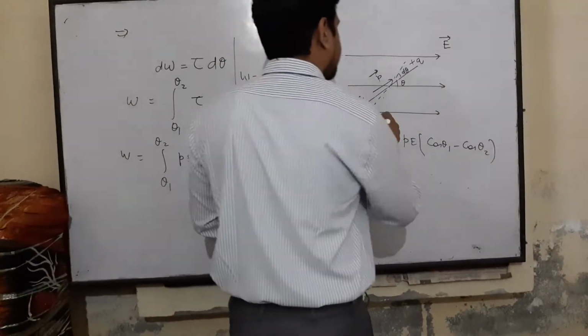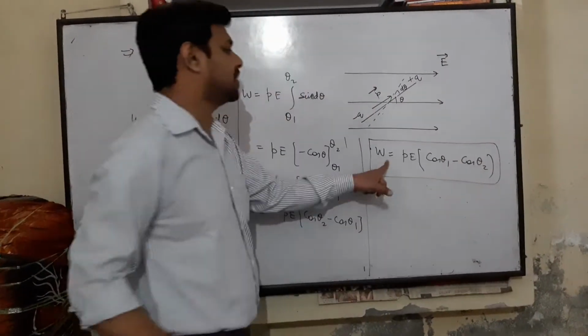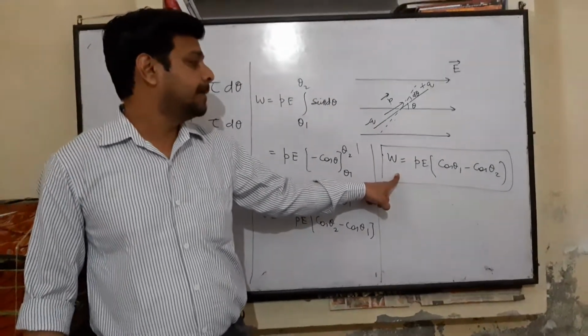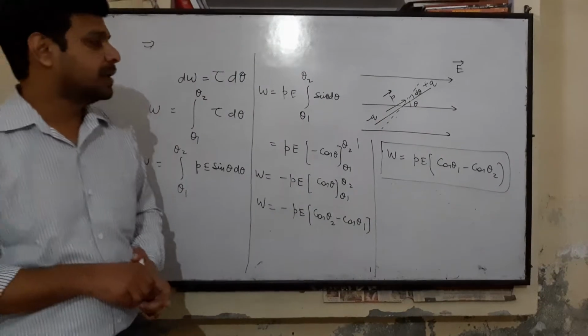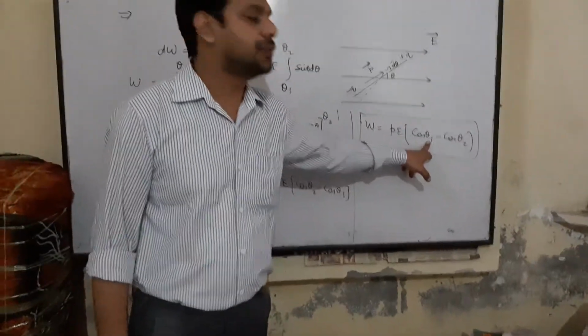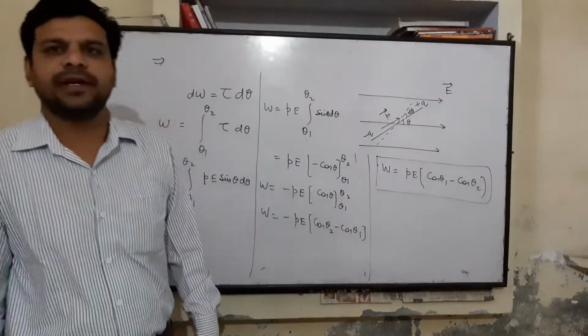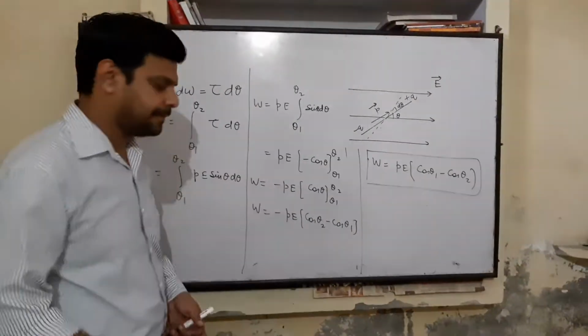This is the expression for work done for a dipole which is rotated from initial position theta 1 to final position theta 2 in a uniform electric field. The field must be uniform.